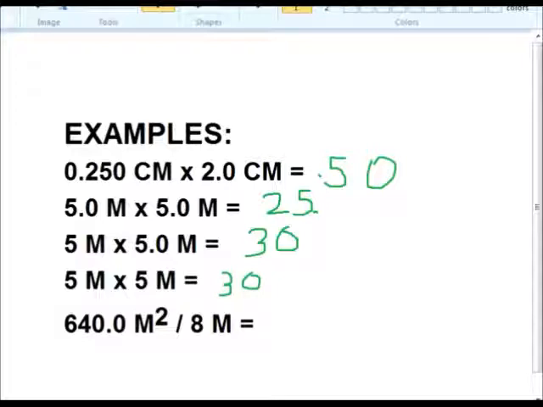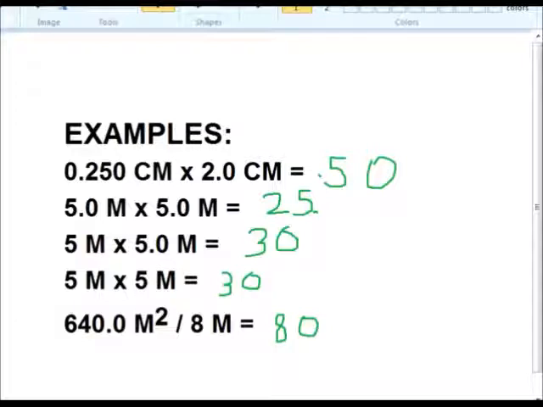And then the last one here, 640 meters squared divided by 8 meters. I've got 4 significant figures in the first one, 640.0, and only one significant figure in the second part. So my answer can only have one significant figure. When I divide this, it should end up as 80, but I can only have an 80 without a decimal, that way the 0 doesn't count as a significant figure.